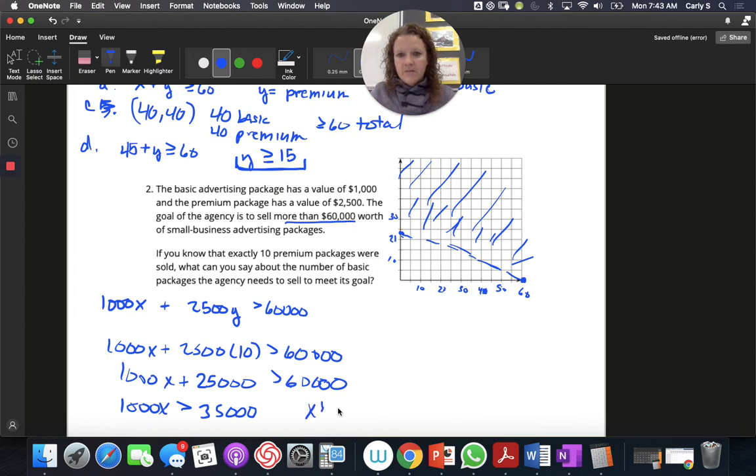So X would have to be greater than 35, which would make sense here. We sold 10. Sorry, X was basic. Y was premium. We sold 10 of these. So if my graph were drawn correctly, it would have to be in this range.